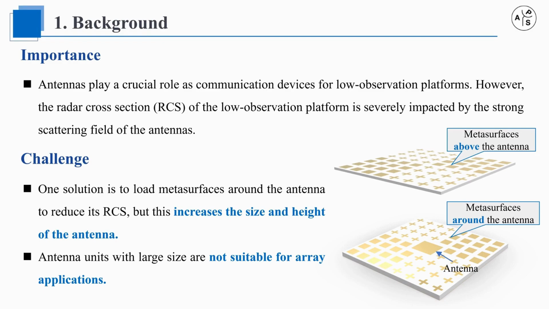However, the RCS of such platforms is severely impacted by the strong scattering of the antennas. One solution is to load metasurfaces around the antenna to reduce its RCS, but this increases the size and height of the antenna. Besides, antenna units with large dimensions are not suitable for array applications.